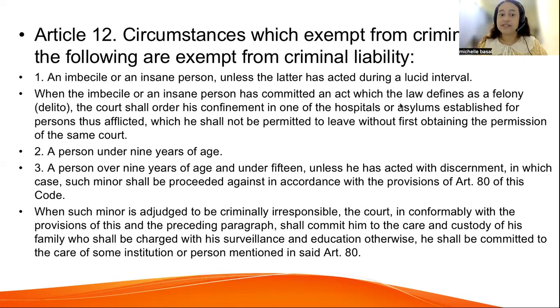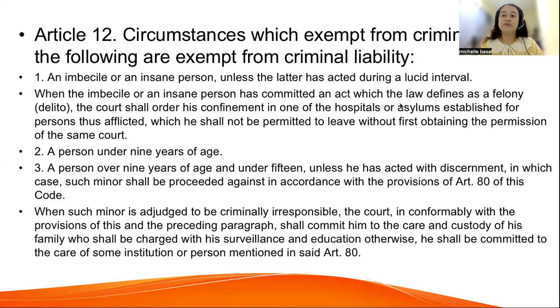So here, instead of 9 years old, it should already be considered as 15 years old. A person who is under 15 years of age is exempt from criminal liability. So take note of that. If a person is 14 years old, because under 15 years old, that includes 14.